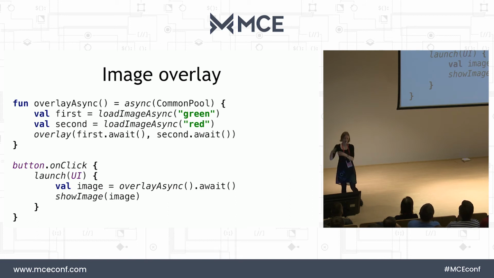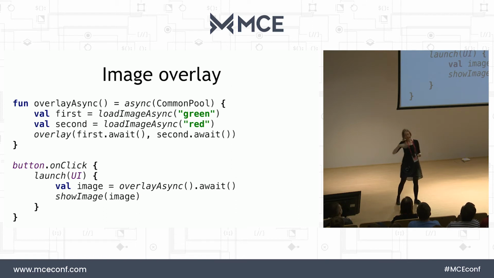And after that, when it's ready, we show the image. And you see that showing the image will be computed in the UI thread. And that's how this code looks with coroutines. It's rather straightforward, it's sequential, but still it does all the computations somewhere in the background asynchronously.